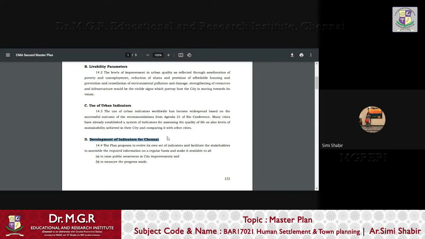The model would be the right word. So, taking cue from other city models, the CMDA understood the need to develop indicators for Chennai. So this plan proposes to evolve its own set of indicators and facilitate these stakeholders to assemble the required information on a regular basis and make it available to all.